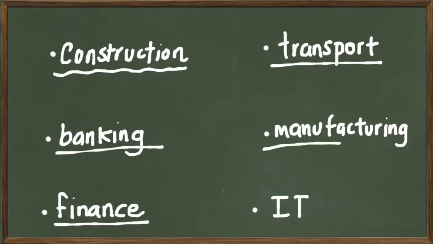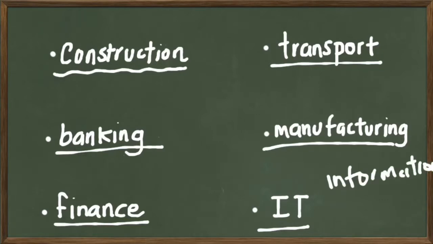We also have manufacturing. Manufacturing refers to the creation or production of items or products. We also have IT. IT stands for information technology, which talks about computers, gadgets, all that kind of stuff.